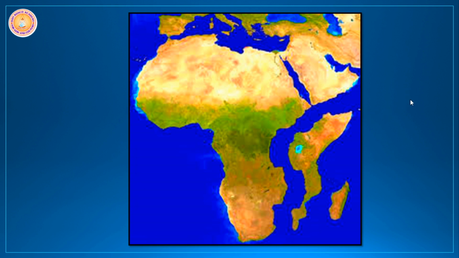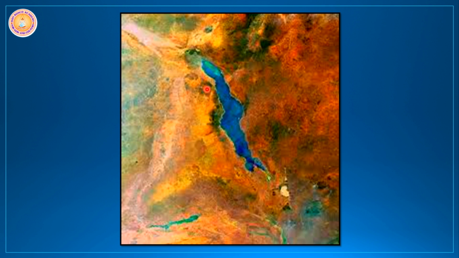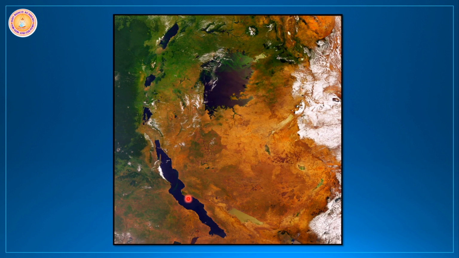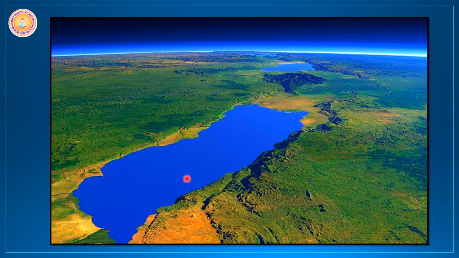However, today in these rift valleys we find several lakes like Lake Malawi, Lake Tanganyika, Lake Uganda, which cover these large elongated depths of the land of Africa.